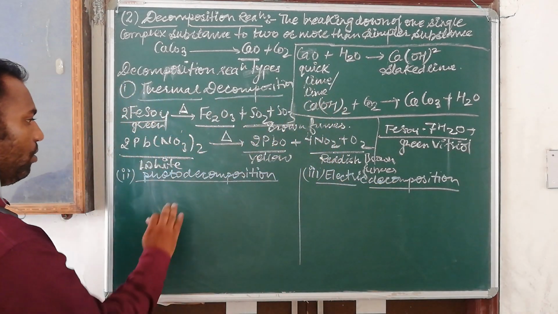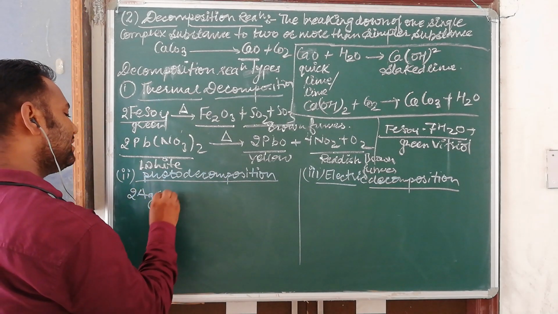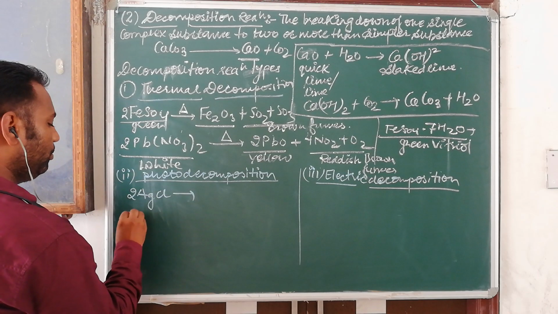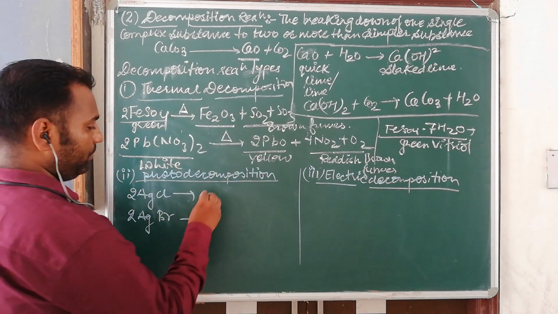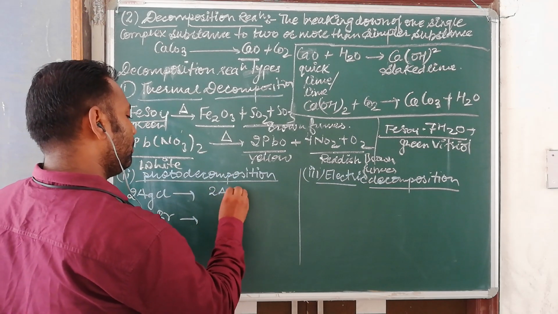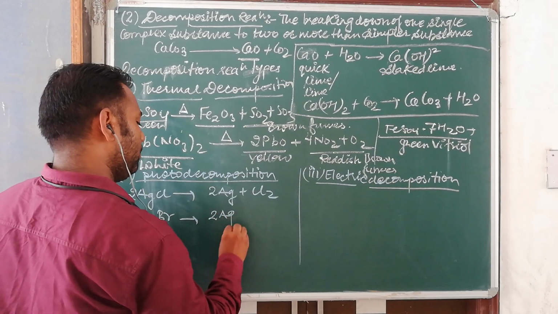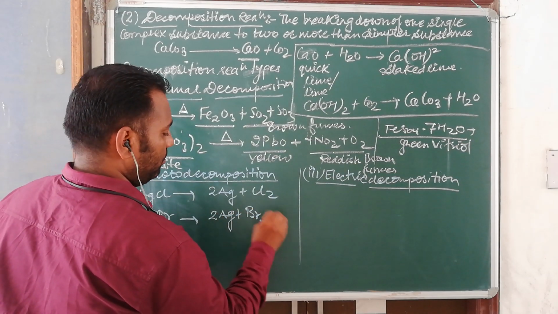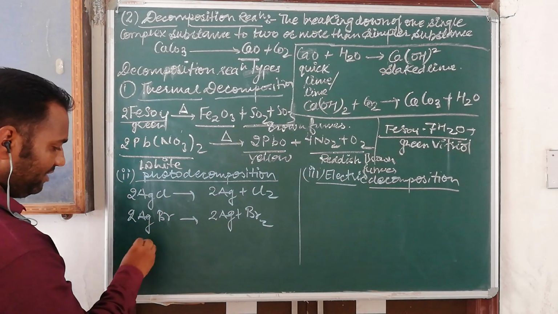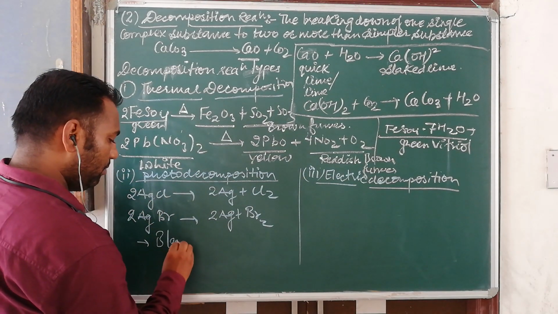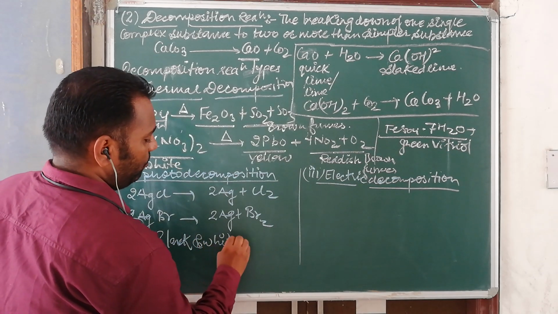Okay, so photo decomposition: 2AgCl and 2AgBr. These are both reactions used in black and white photography.